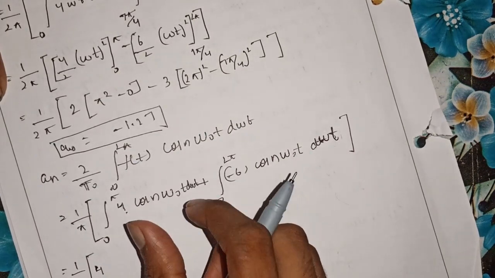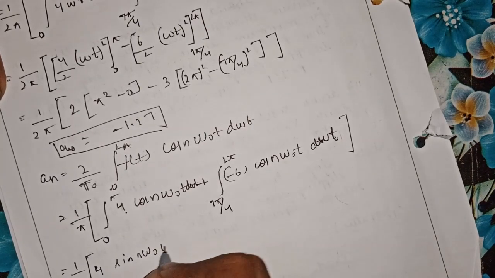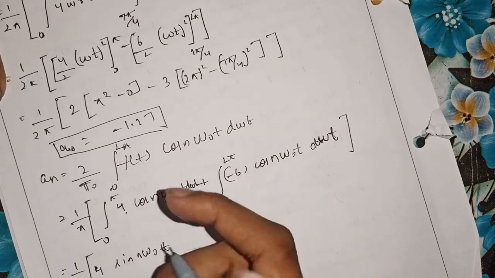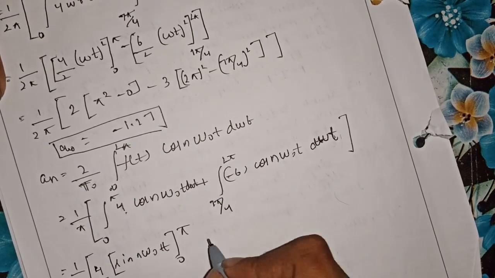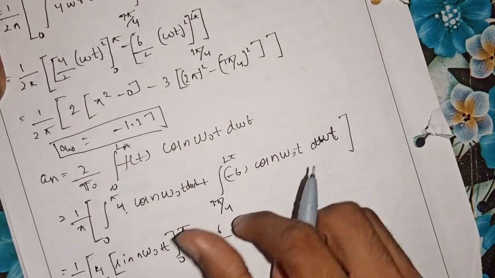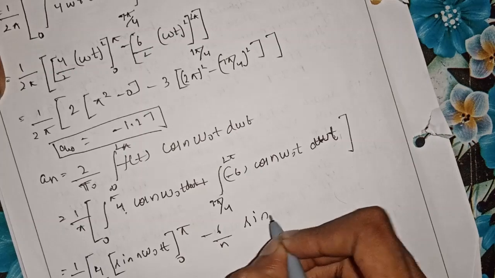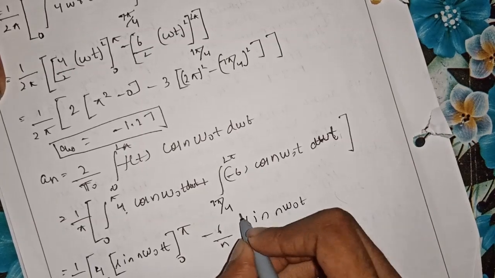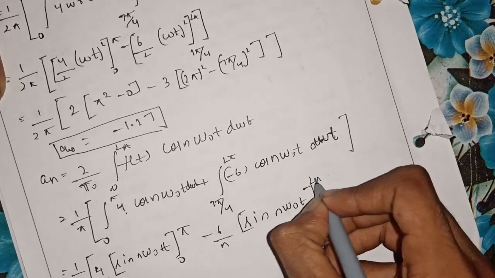4 is constant, and the integration of cos n omega naught t is simply sin n omega naught t, since you are integrating with respect to omega t, whereas n becomes constant, from 0 to pi. Minus 6 is constant, take it out, and the integration of cos n omega naught t is again sin n omega naught t, where n is constant, from 7 pi by 4 to 2 pi.